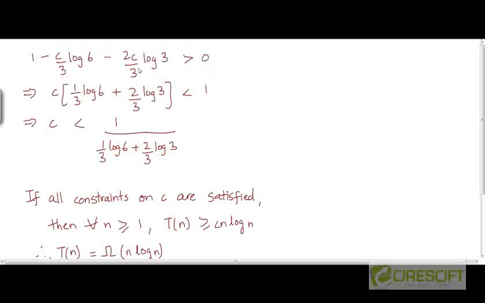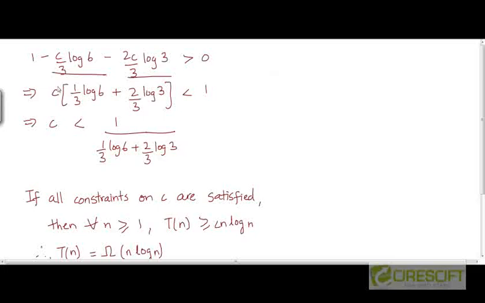We can take the c terms on the other side and take c common. We'll get c times 1 by 3 log 6 plus 2 by 3 log 3, and this needs to be less than 1. Basically, we are taking these two terms on the other side, so the sign will become positive, and the sum of those two terms needs to be less than 1.